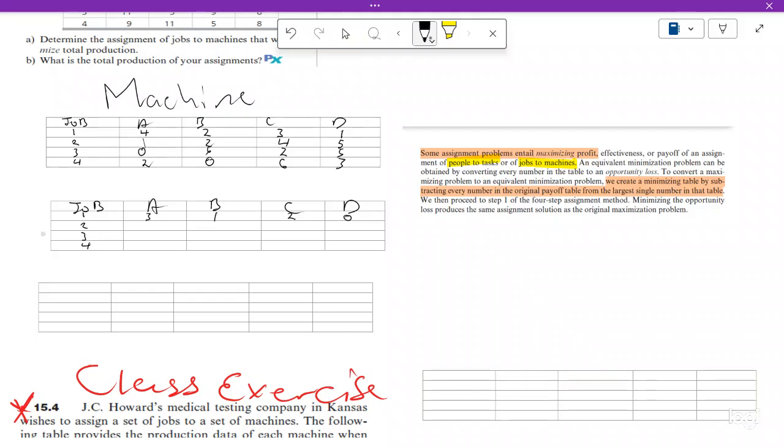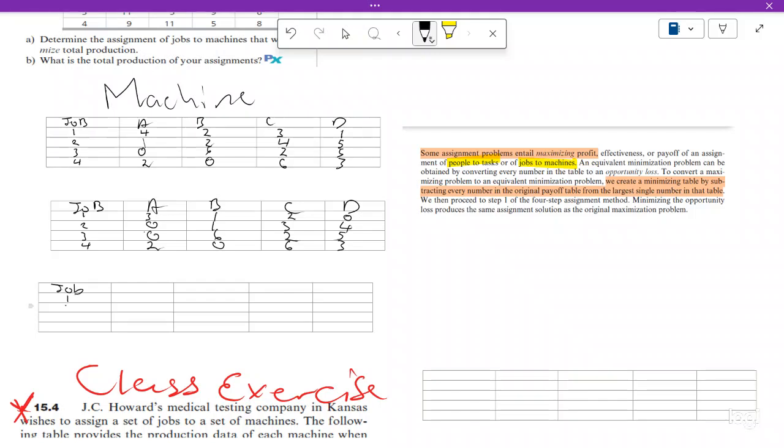See that? Then here also 0, 1, 3, 4. This one we skip. 0, 6, 2, 5. We skip this one also. 2, 0, 6, 3.